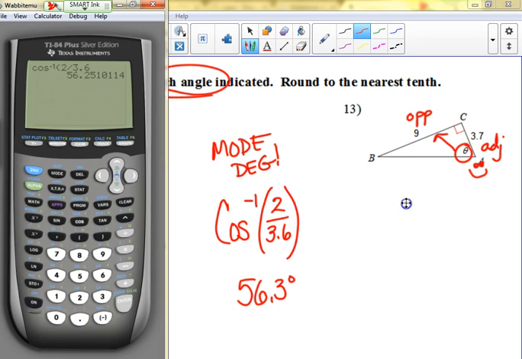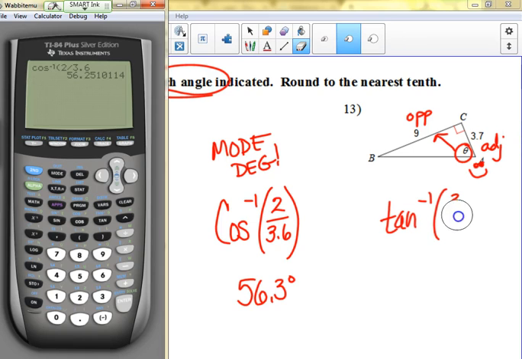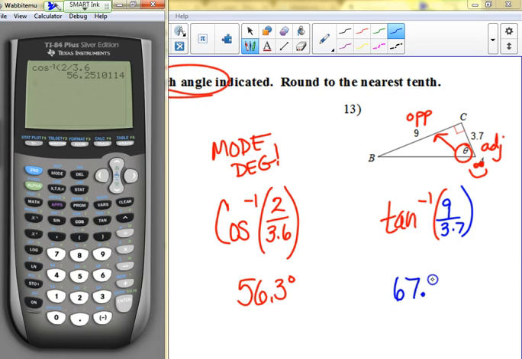So opposite and adjacent would be, so we would do inverse tangent of opposite over adjacent, so it's 9 over 3.7. Somebody already got that one for me? 0.7? Thanks. All right.